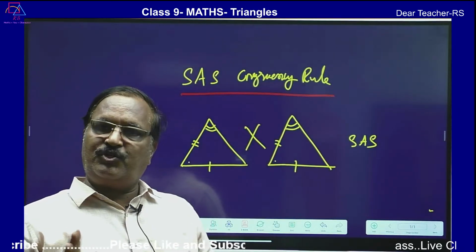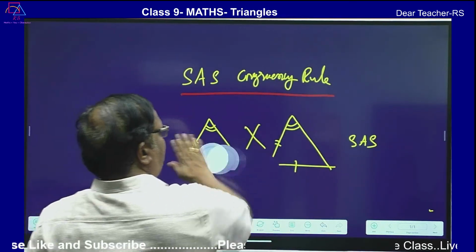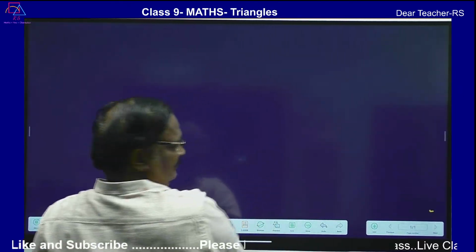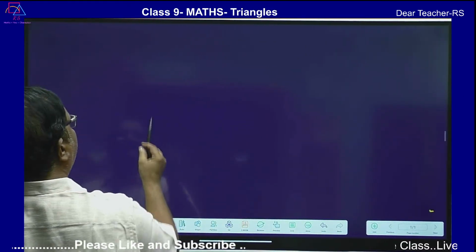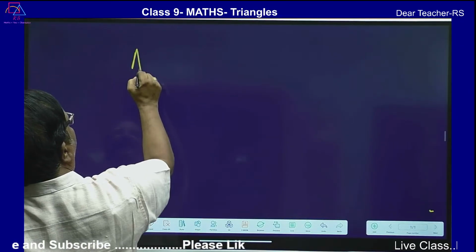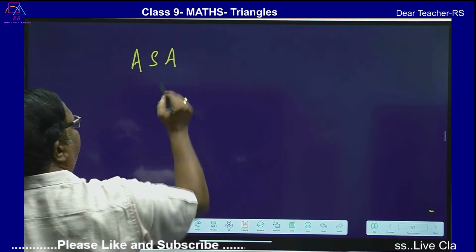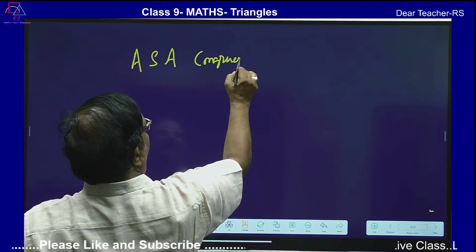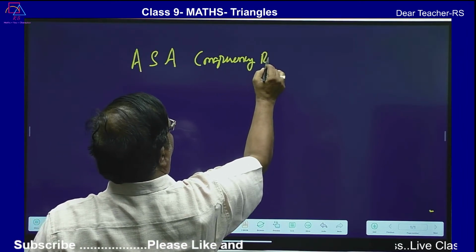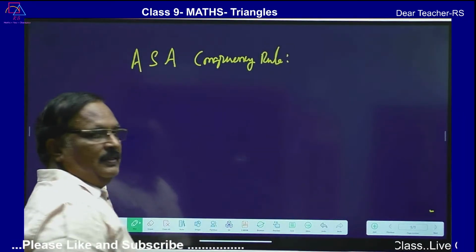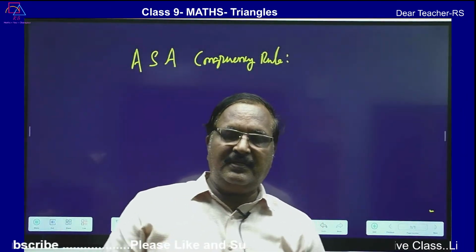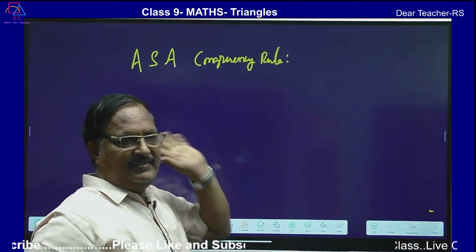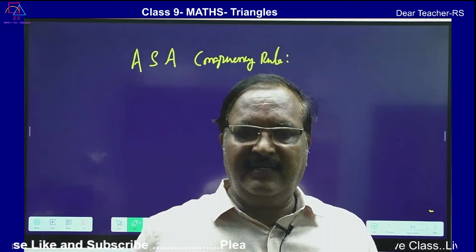The angle should be in between the sides. So now let us go to another property. What is another property? ASA congruency property rule. So in the first one, angle is included. Now side is included. That is the only thing.